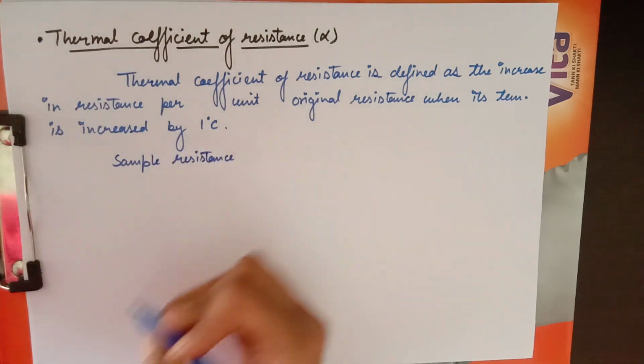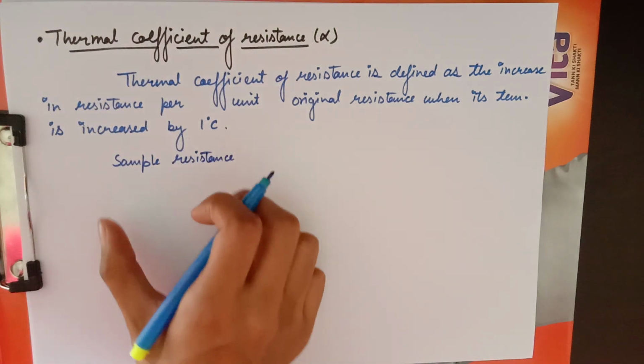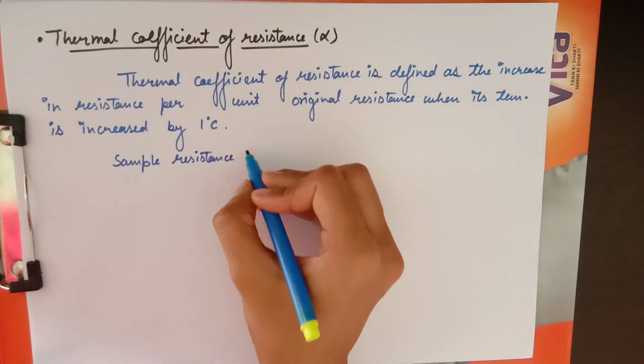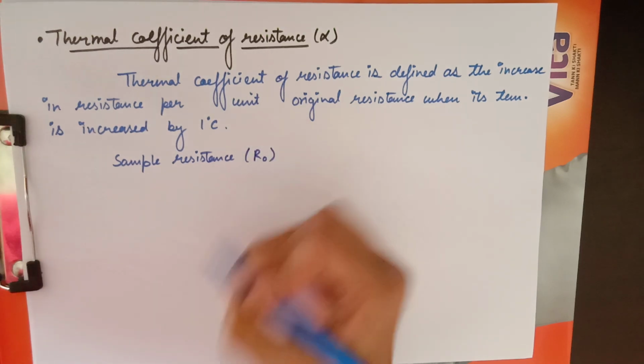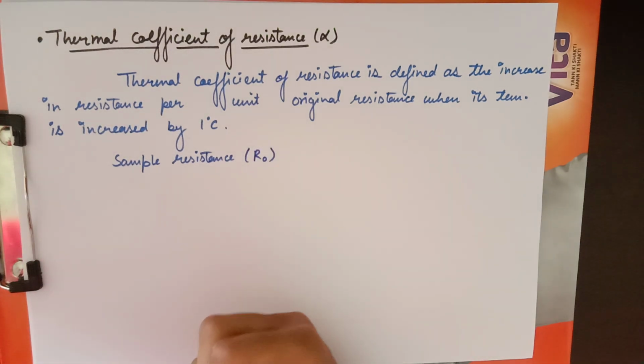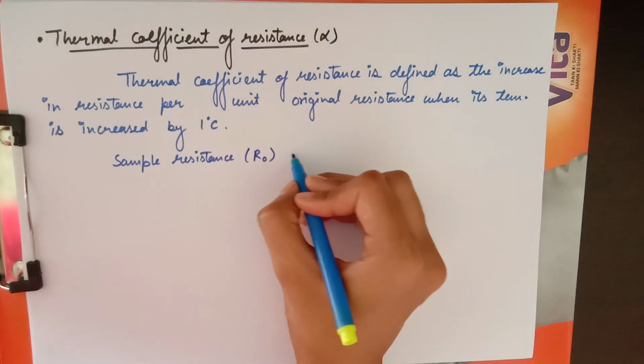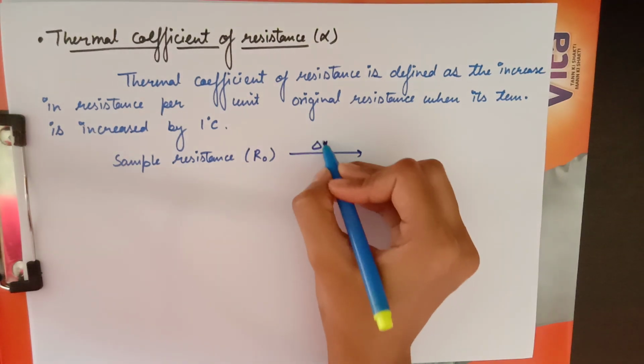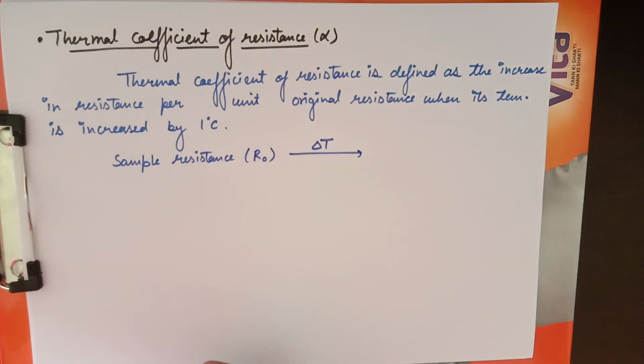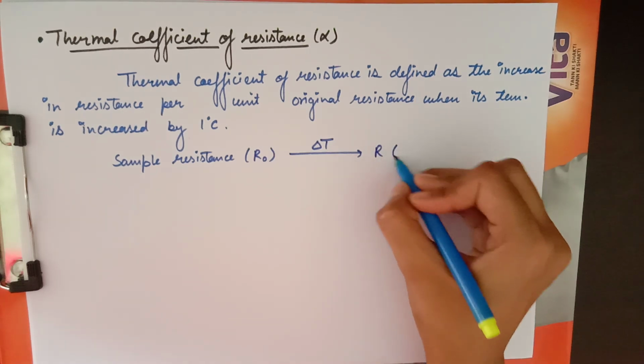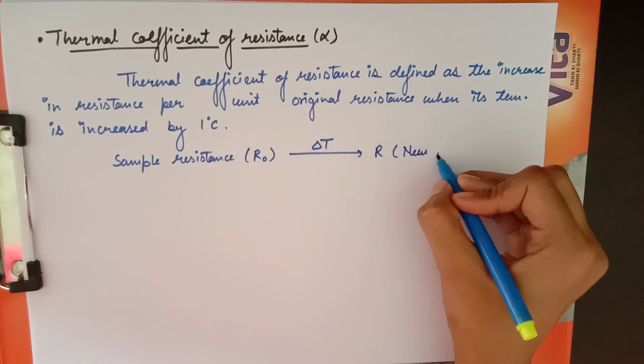You have a resistance which is taken as a sample and its resistance is R0, and you now heat it by temperature delta T, and R is the new resistance.